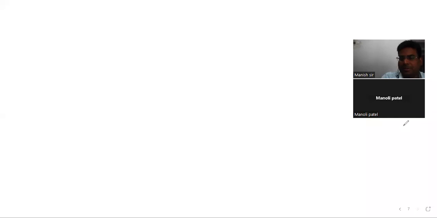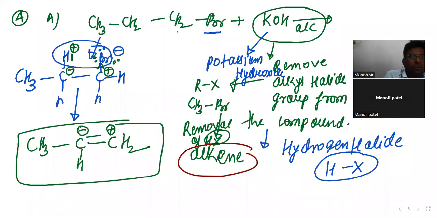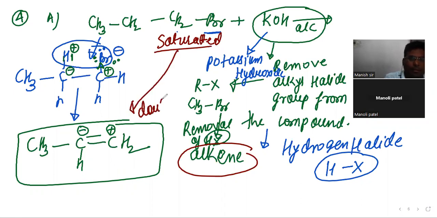You can observe in the previous slide that all are single bonds, right? Single bond means saturated compound. It is converted into a double bond, and a double bond is called an unsaturated hydrocarbon.